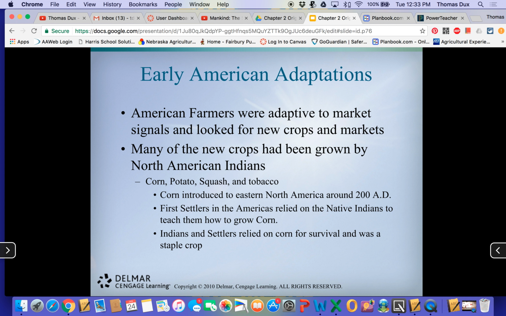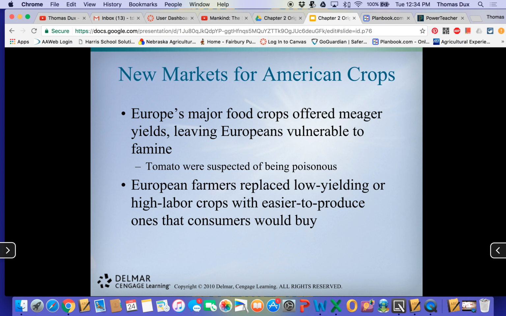It was happening beforehand, but once you have different crops or commodities and you're taking them to different countries, what starts to develop in these countries for these crops? The markets, right? Because there is a demand. And that is exactly what is happening here.